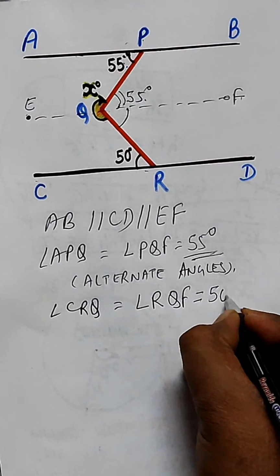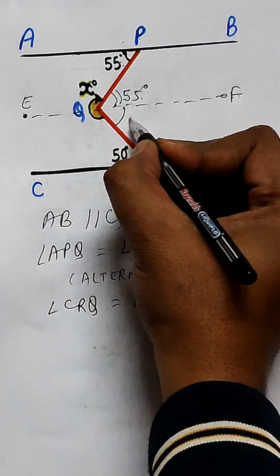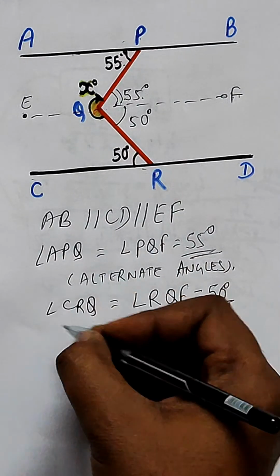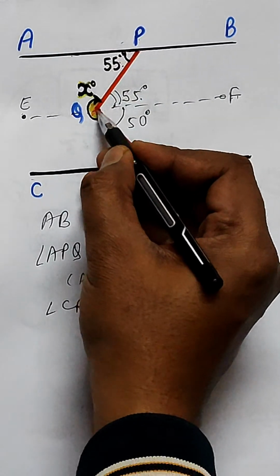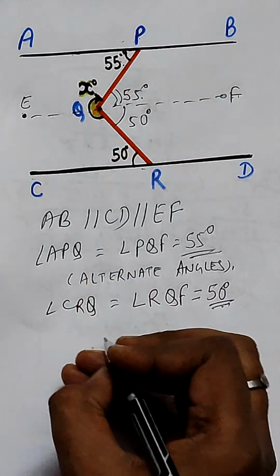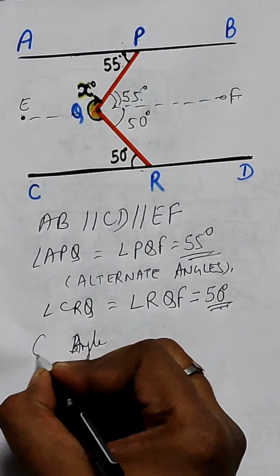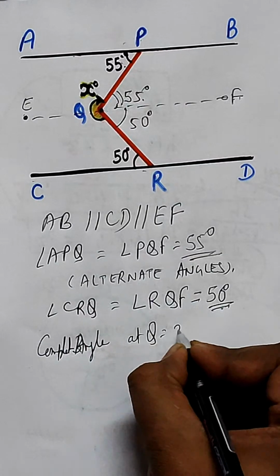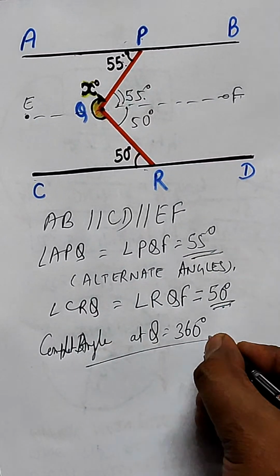It's 50 degrees. So this angle is 50 degrees, and we know that any complete angle is equal to 360 degrees. So the complete angle at Q is 360 degrees.